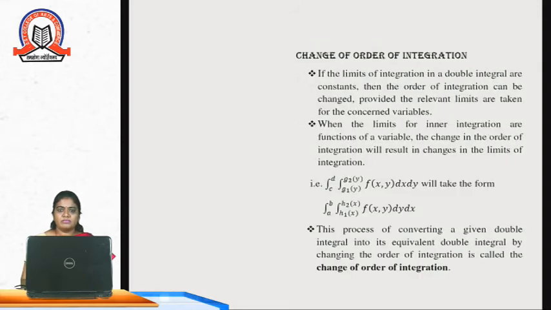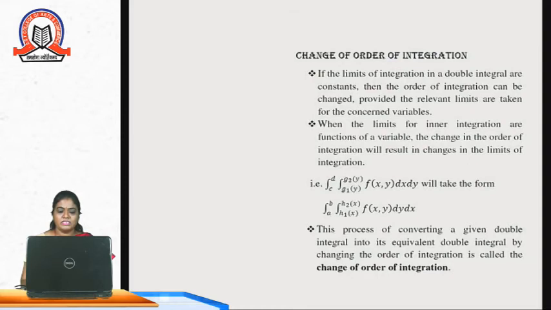Change of order of integration. We want to see some procedure for change of order of integration. If the limits of integration in a double integral are constant, then the order of integration can be changed, provided the relevant limits are taken for the concerned variable. When the limits for inner integration are functions of the variable, the change in the order of integration will result in change in the limit of integration.